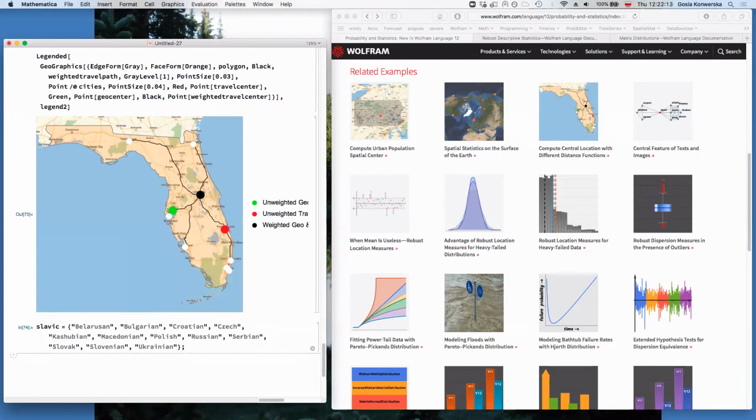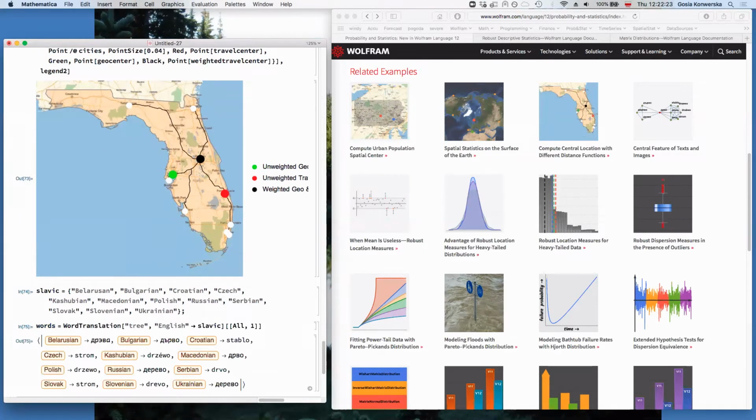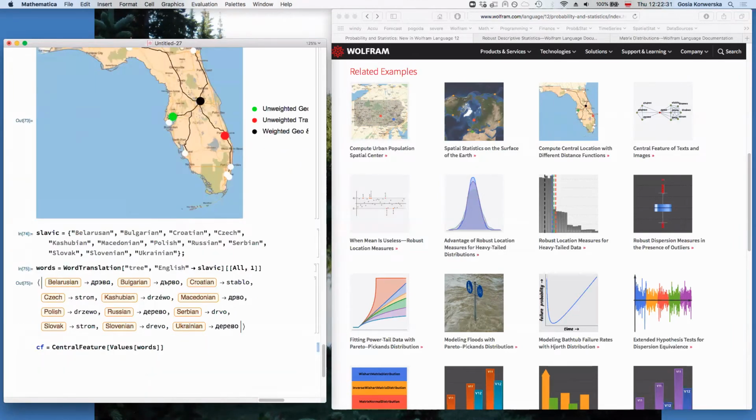What I have here is a list of main Slavic languages spoken today. What I would like to do is translate the word tree from English to all these languages, and then find a Slavic tree, the word that is central to all these Slavic words for tree.